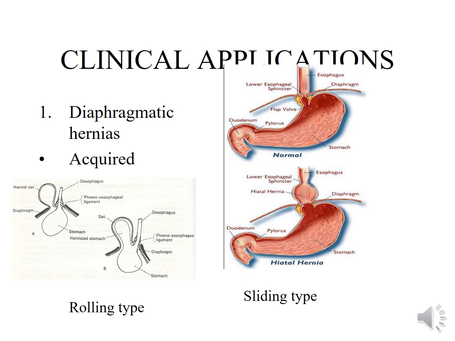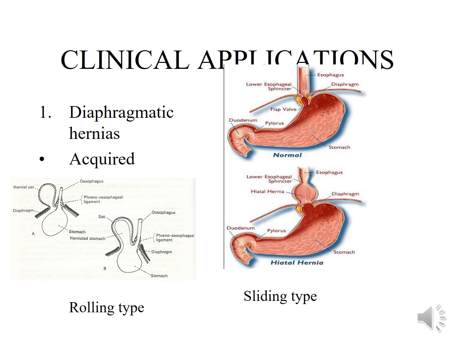The fundus of the stomach will go into this sac, and the cardioesophageal junction will remain in its position. There is one ligament known as the phrenicoesophageal ligament, right? If there is some problem or weakening in this ligament, then the stomach goes into the hernial sac.